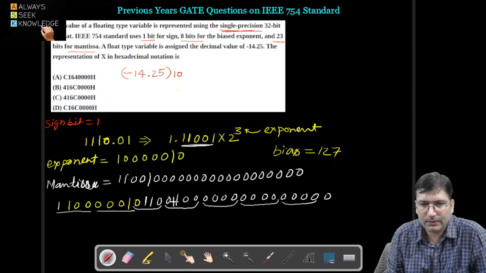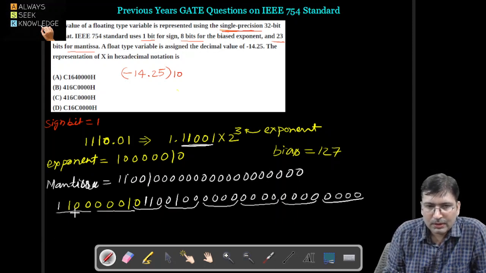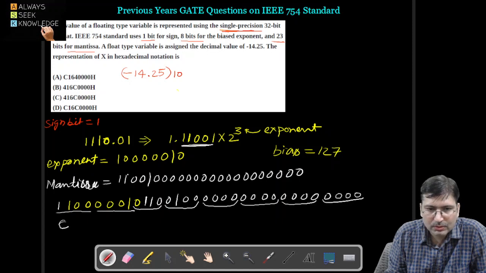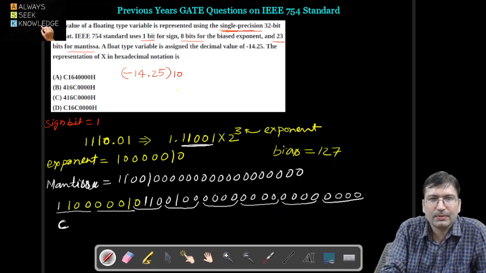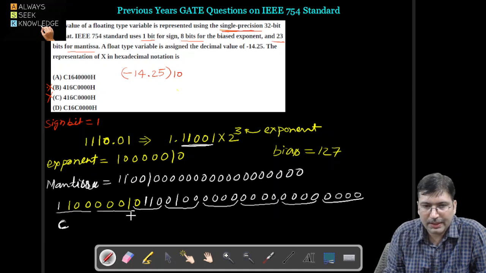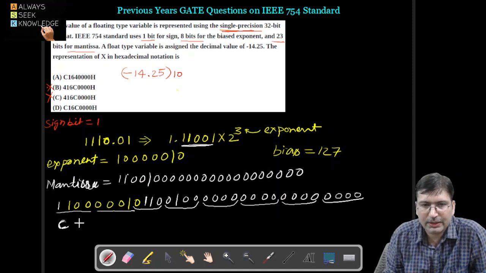So we get groups of 4 bits. The first group 1 1 0 0 means 8 plus 4, that is 12, and in hexadecimal 12 means C. The next group is 0 0 0 1, so that is 1.